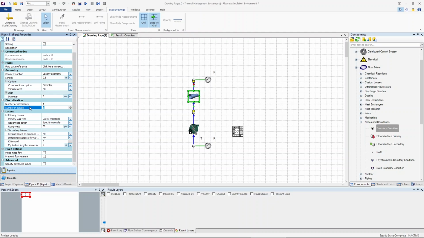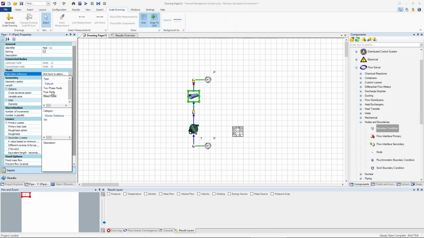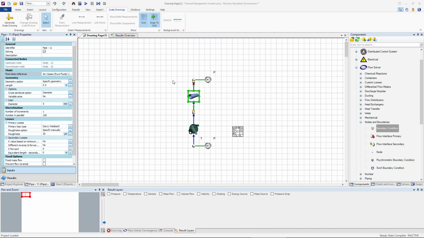And we have approximately, let's say, 100 channels in parallel. We can then also specify the fluid, and in this case we have a pure fluid, gas, and we can say air. So this is defined, the two boundary conditions are defined.